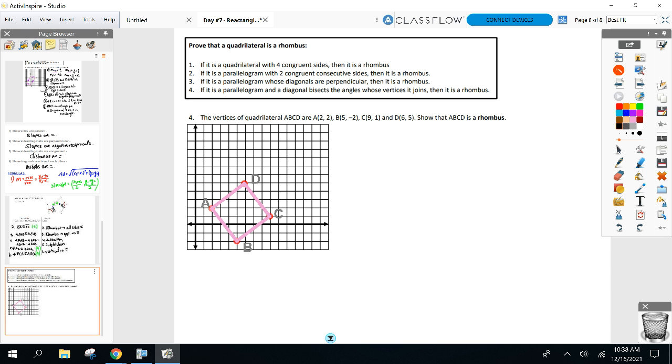You could show it's a parallelogram with some other stuff, but let's make it easy on ourselves. Let's just show all 4 sides equal. So go ahead and graph it, and we'll do that.